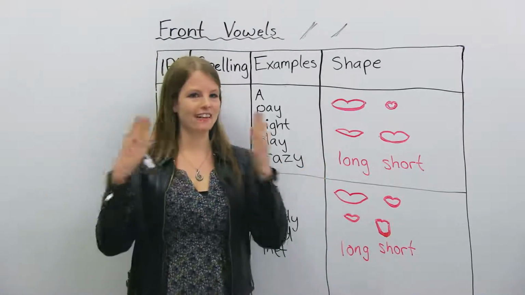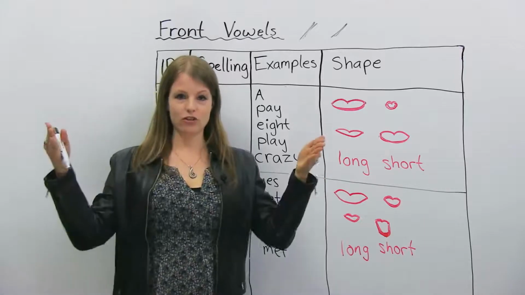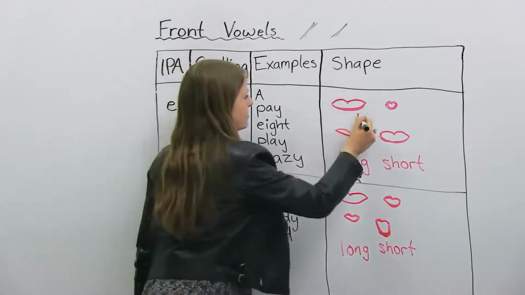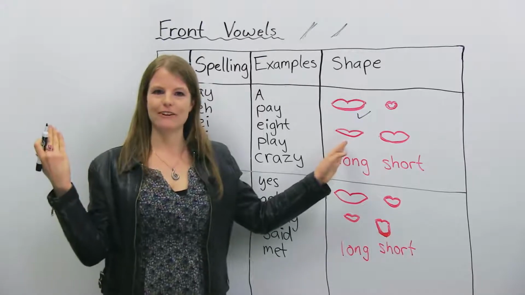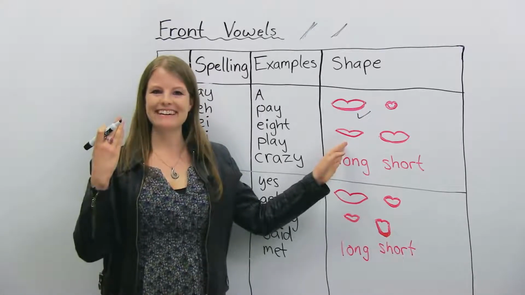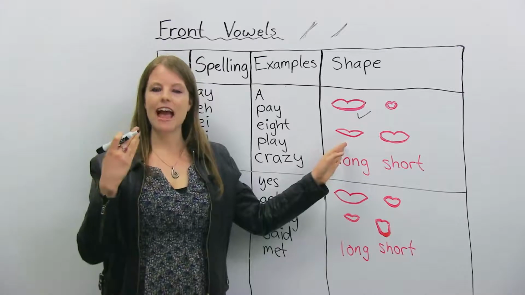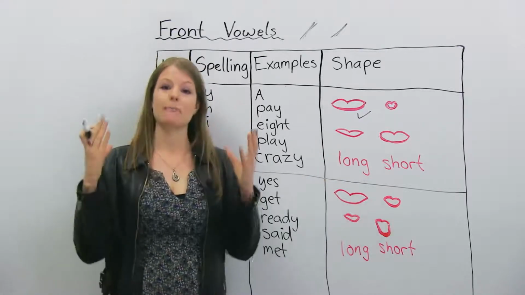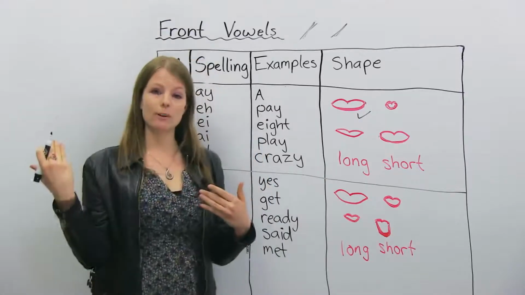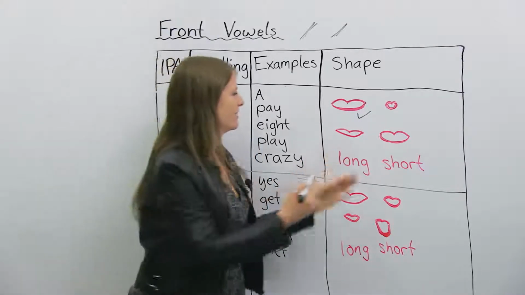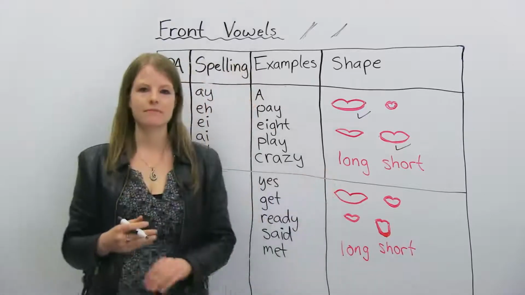It's not small, it's actually a spread sound. Compared to the other sounds we did, E and I, A is actually a bigger mouth. You're letting more air in, so compared to what we've already done, your mouth is a little bit bigger.